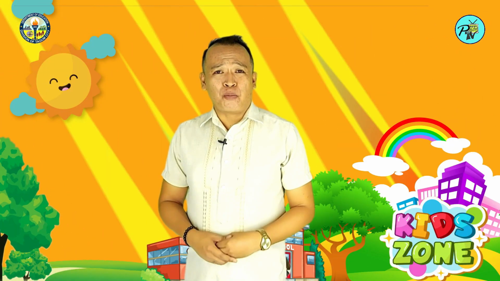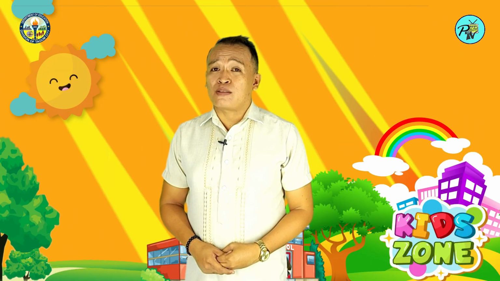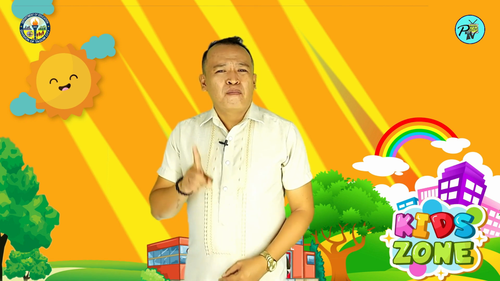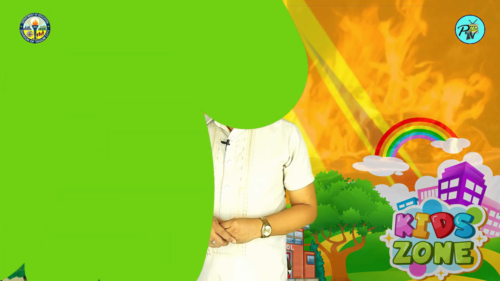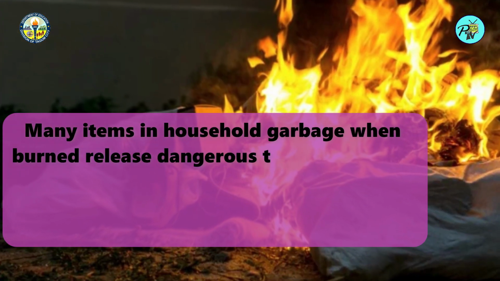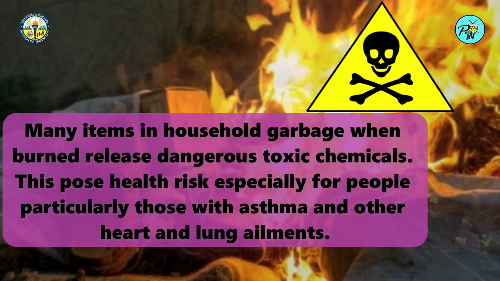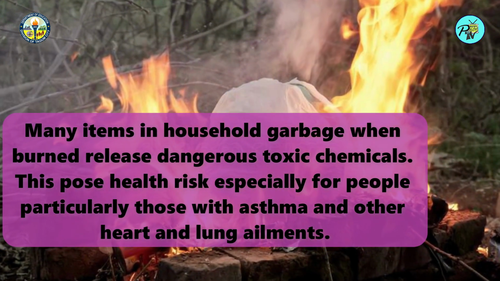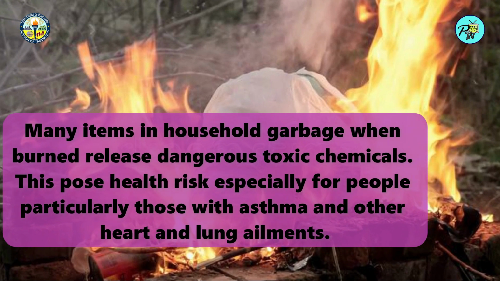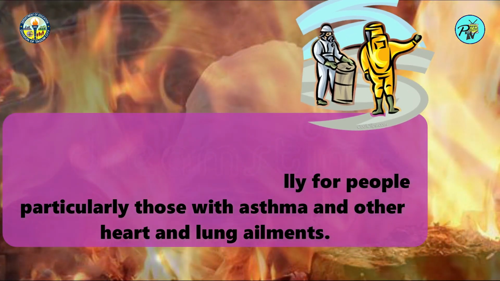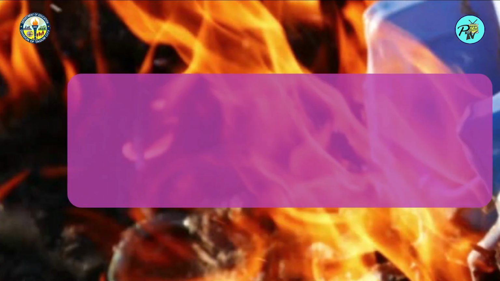Are you also practicing burning garbage such as plastic materials at home? Please don't do that. Many items in household garbage, when burned, release dangerous toxic chemicals. This poses health risks, particularly for people with asthma and other heart and lung ailments.